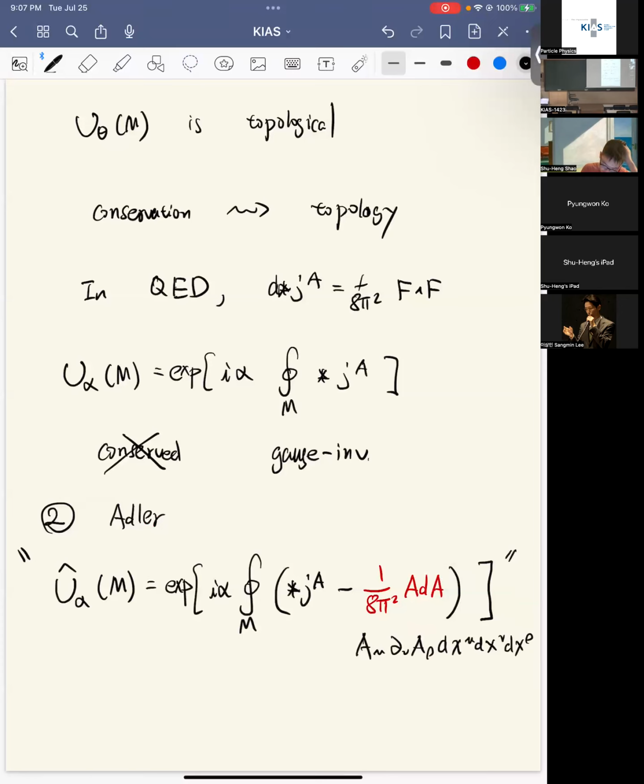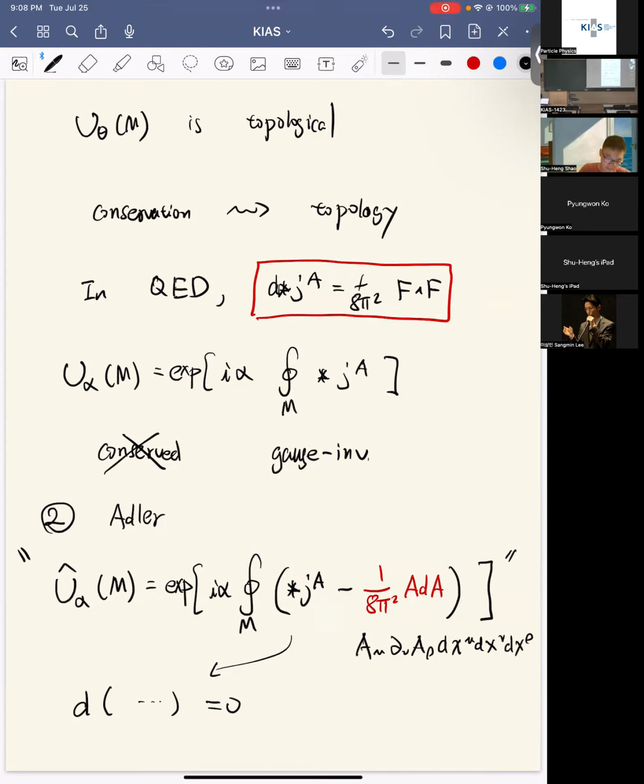The nice thing about the term in the parentheses is that if you take the exterior derivative of it, it vanishes. This follows from the anomalous conservation equation here. All right, any questions up to this point?